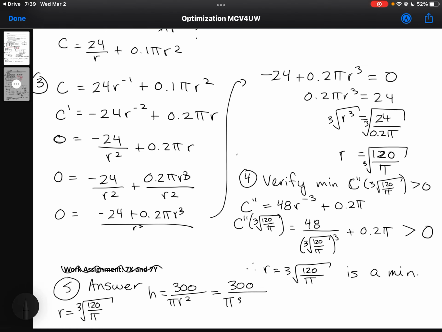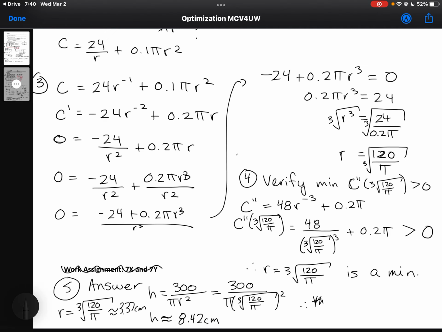You should substitute in your exact value here. So 120 over pi all squared. And then when you evaluate that, you could round to 3 significant figures. So about 8.42 centimeters. If I were to do the same thing with my r value, I would get 3.37 centimeters.